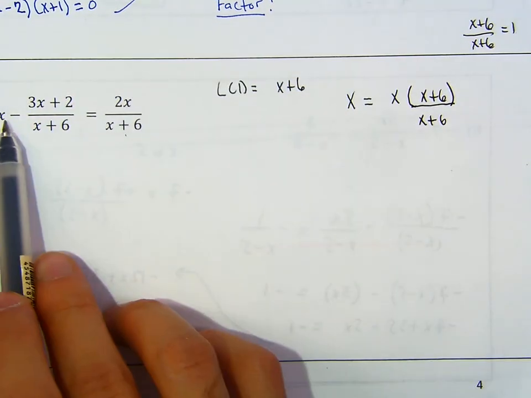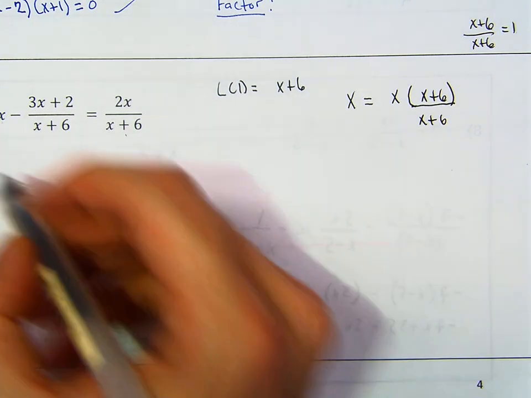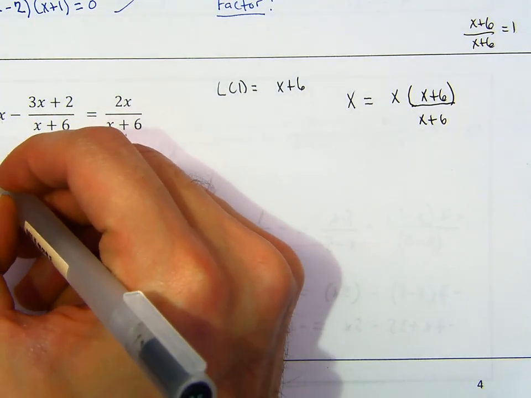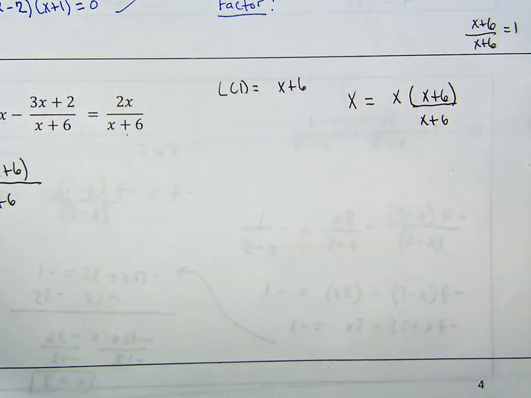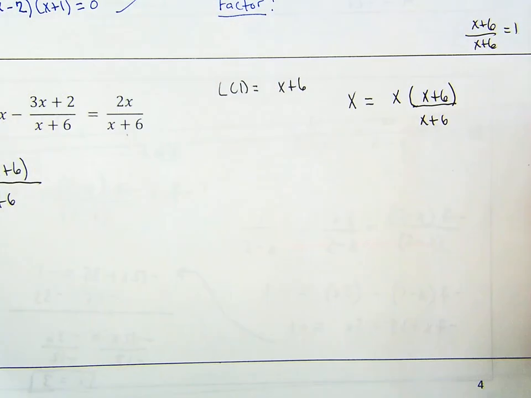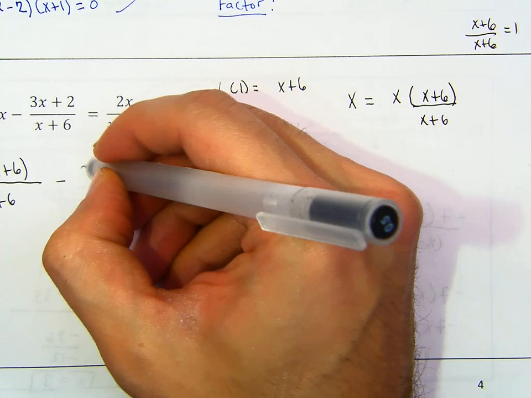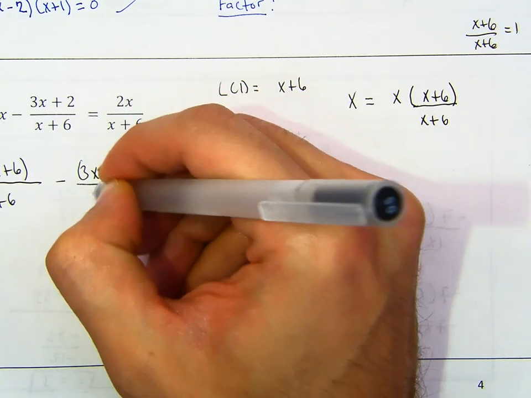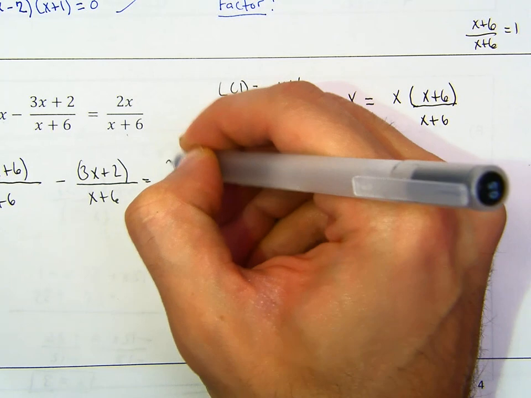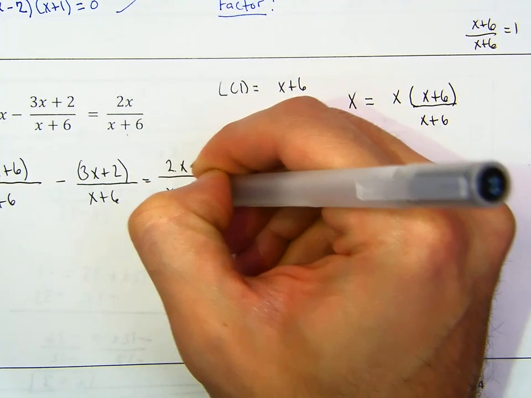So you're allowed to substitute this x for this over here, and you're going to have x times x plus 6 over x plus 6, right? And this is this part over here. And then we got to continue. Minus 3x plus 2 parentheses over x plus 6 equals 2x over x plus 6.